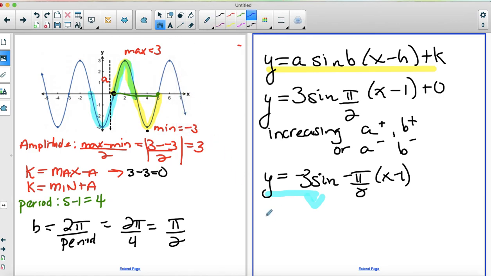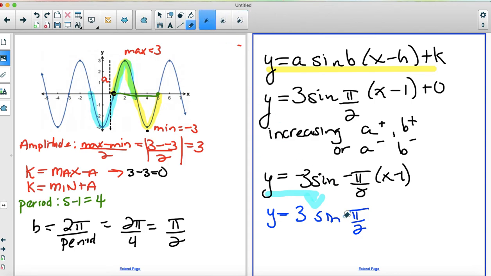I would have the same everything, same a, same values, except the only thing that changes is where I started from. So for the blue one, it would be y is equal to 3 sine, same period, pi over 2. I don't have to put the negative yet. I will talk about it right after. And then it will be x minus minus 1, so that makes plus 1, and your k is still 0.